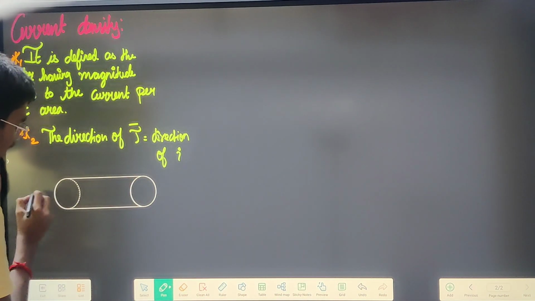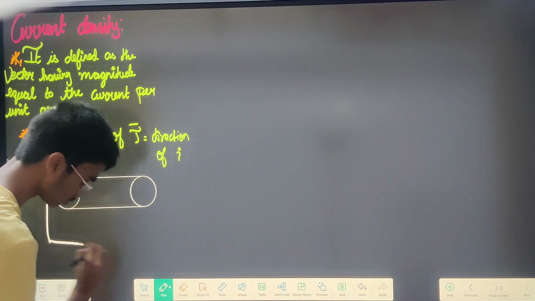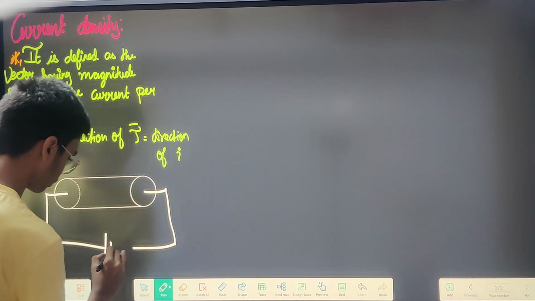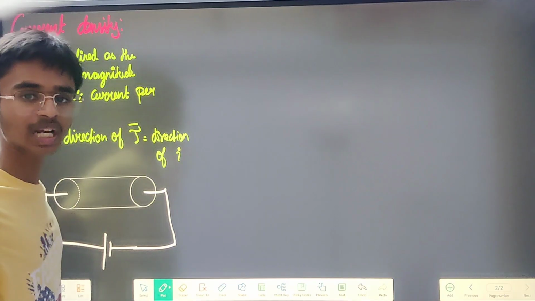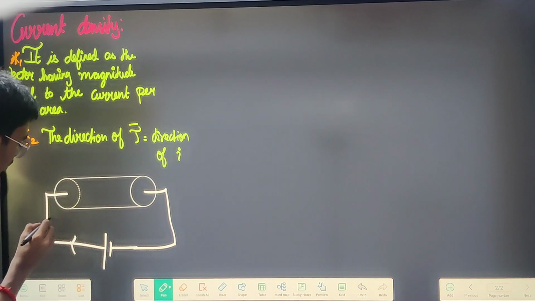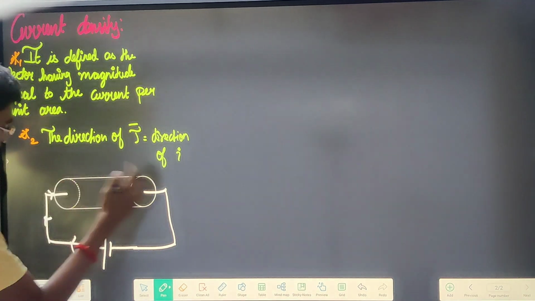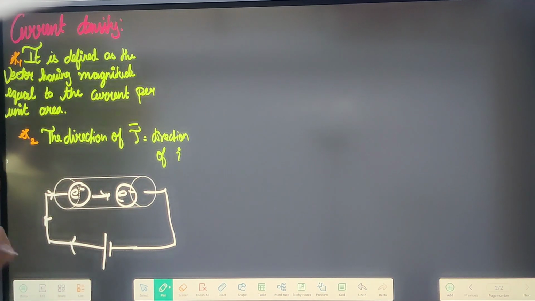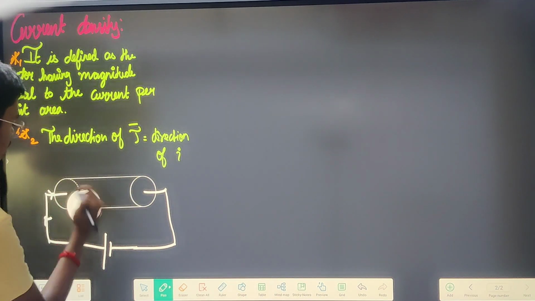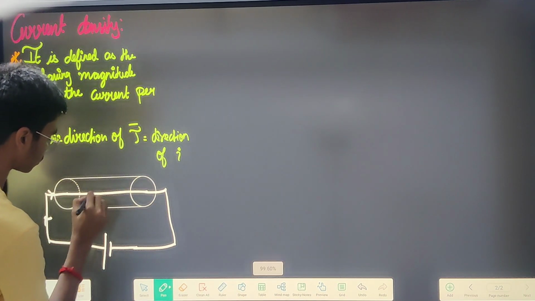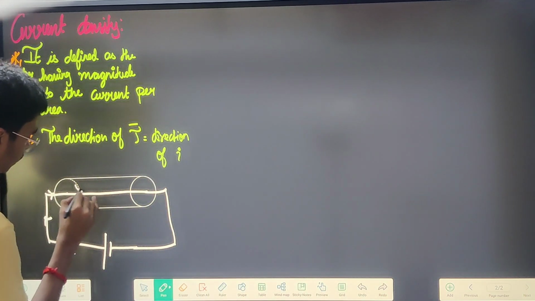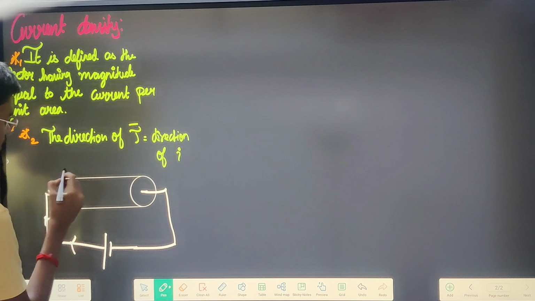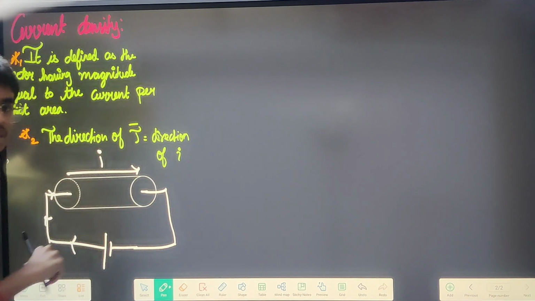The current is actually flowing like this. We know that the conventional current's direction is going to be in this direction, and the electrons are moving in the opposite direction. So the current direction is in this direction, and I'll write over here that I's direction is over here.